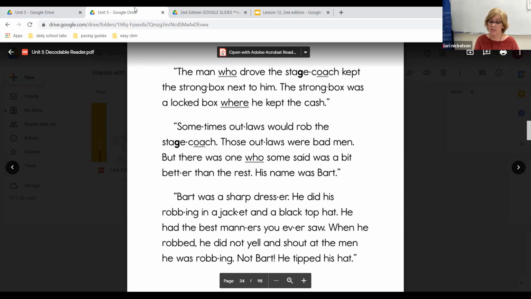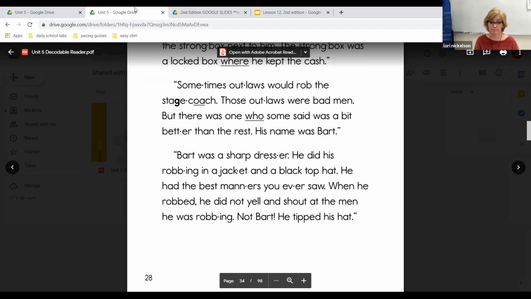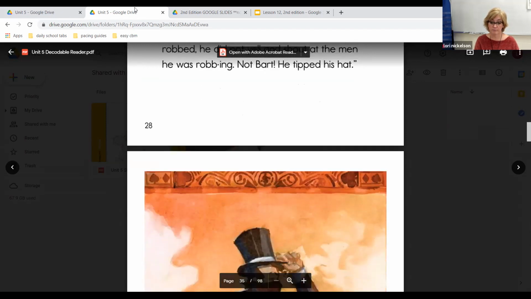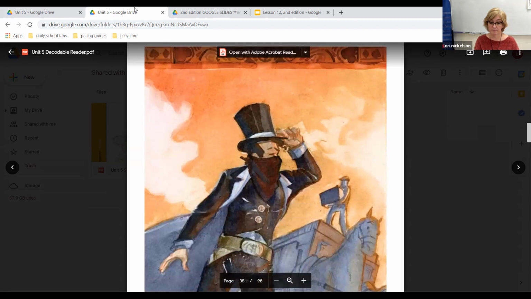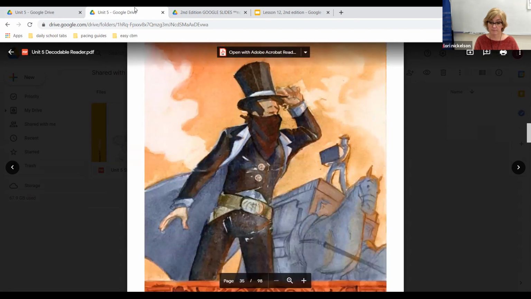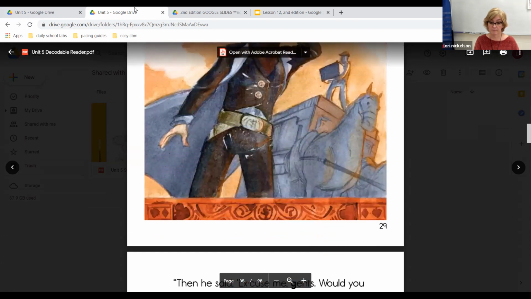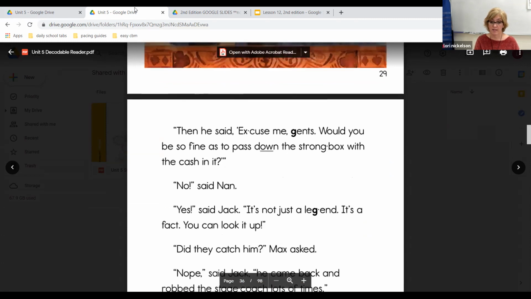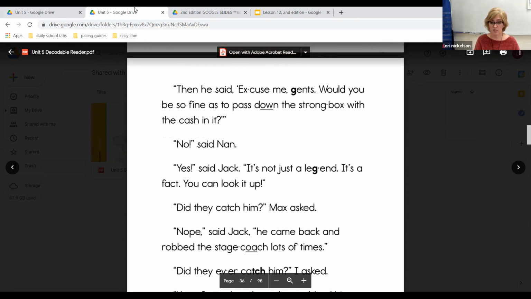Not Bart. He tipped his hat. Then he said, "Excuse me, gents, would you be so fine as to pass down that strong box with the cash in it?" "No," said Nan.